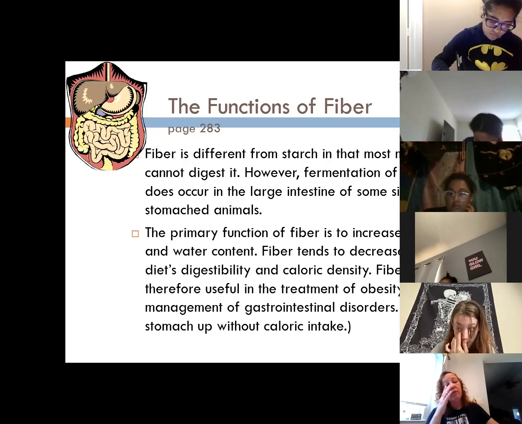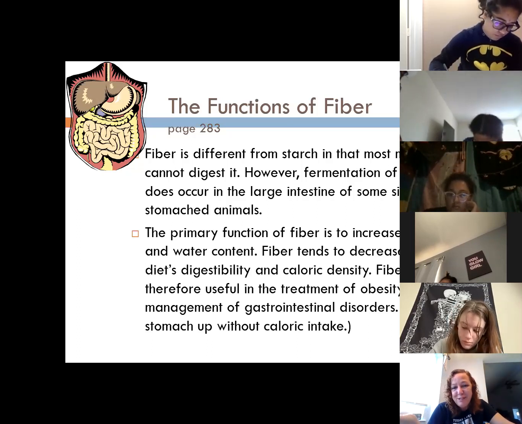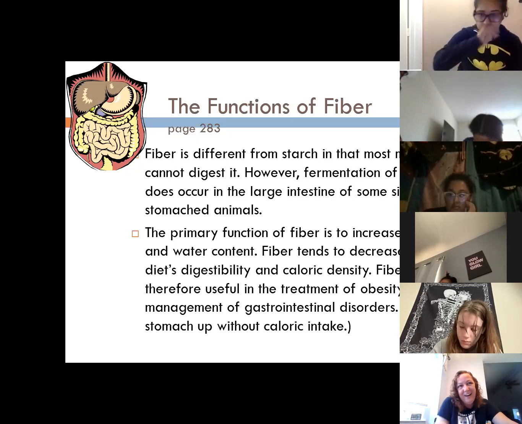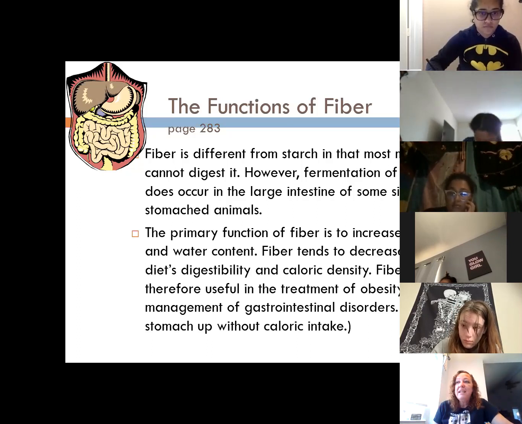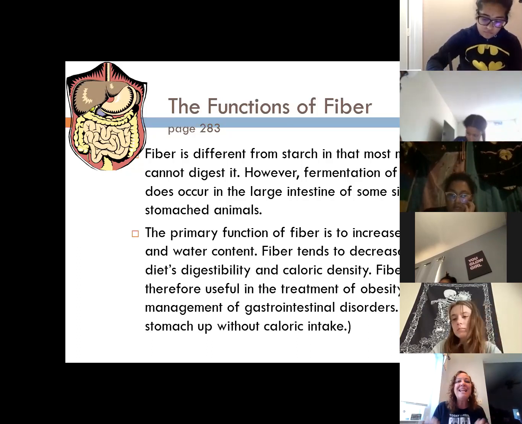Well, if anyone has ever eaten corn, you know what happens to you two or three days later. You get corn poo. Yes, I went there. Because your body doesn't break it down and it doesn't use it.